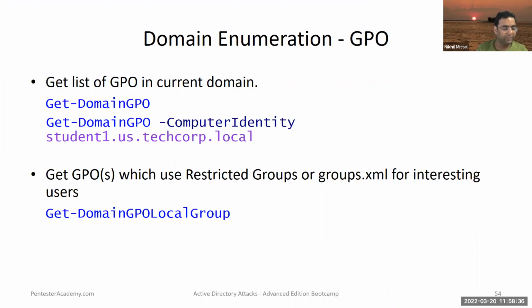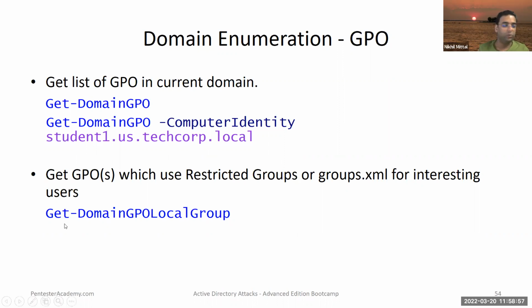Restricted groups is a group policy setting that allows you to add domain principals to local groups. Let's say you would like to add a particular domain group to the local administrators group of machines in an organizational unit, then you can use the restricted groups setting for that.